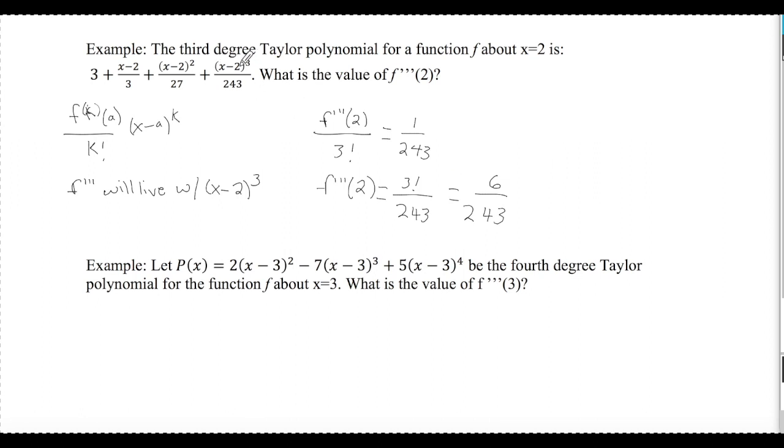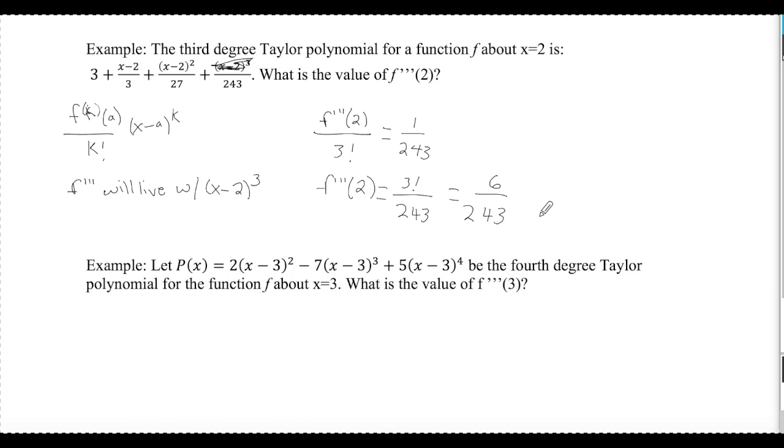Knowing that the third derivative lives in this term, I get rid of this part here. That is my x minus a term. And the rest of it is the derivative I want divided by k factorial. So 1 over 243 is the derivative I want divided by k factorial, and there we go. 6 over 243.